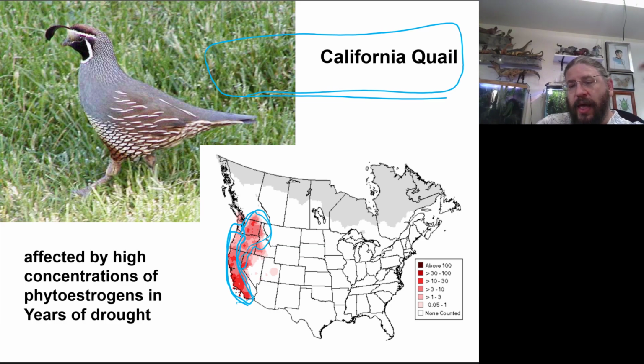It does really well when there's lots of nice precipitation and grasses, forbs, and it eats those preferentially. But in drought years, the only thing surviving is desert annuals.